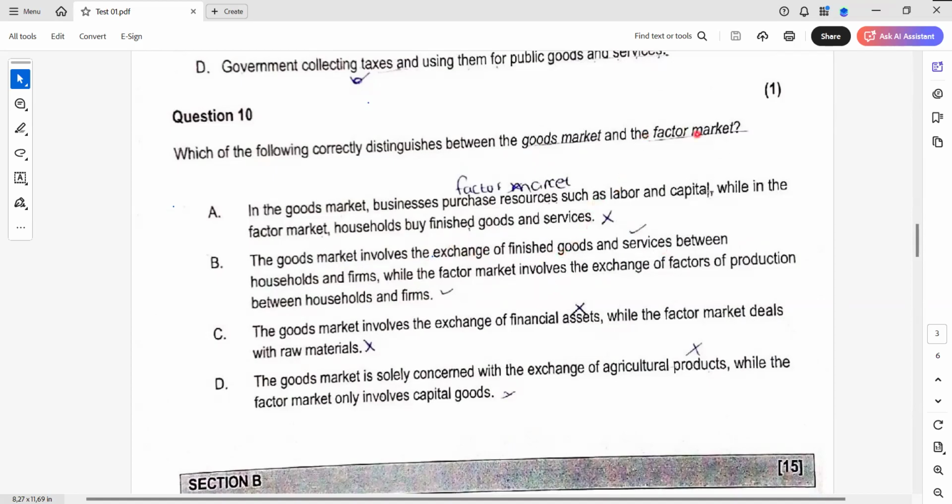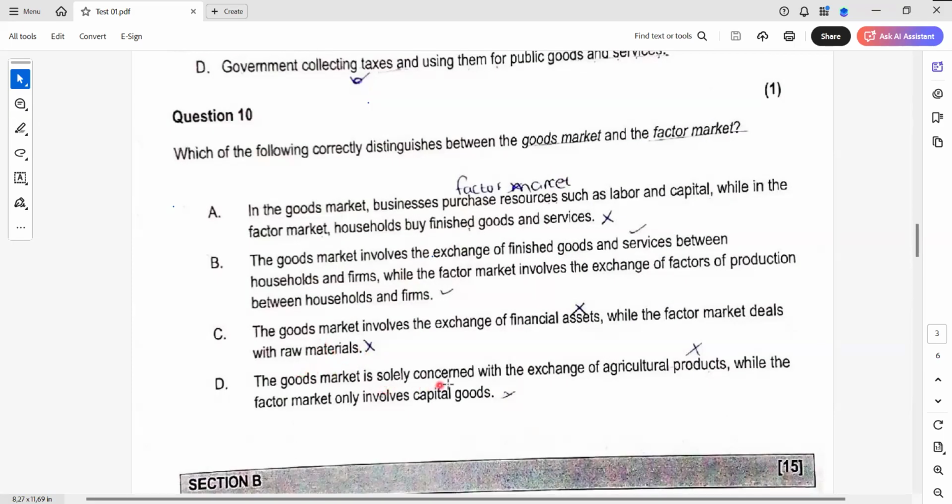And then in the factor market, that is where the households sell their factors of production. But number C is saying the goods market involves the exchange of financial assets, while the factor market deals with the raw material. I don't know if you call factors of production the raw material. So I'm going to say this is not correct.